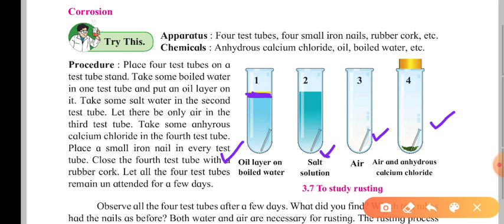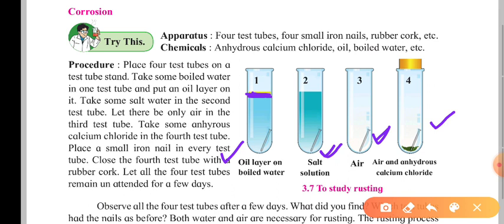Another one is salt. If salt is present, then the corrosion or oxidation of iron takes place faster. Another one is air. In the air, if there is moisture, and oxygen is already there in the air, then the oxidation of iron is much faster. And the other one is air and anhydrous calcium chloride.